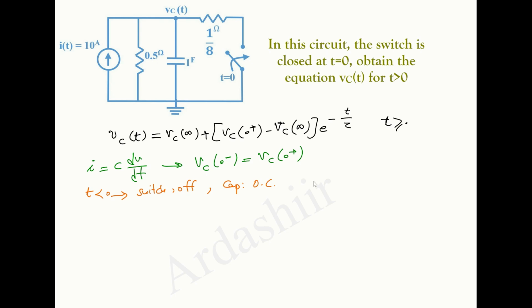So we can draw the equivalent circuit in this manner. We have a 10 amp current source, a 0.5 ohm resistor, and also the capacitor, and here is the Vc of t, 1 farad. And the capacitor also is open circuit. Okay, I remove the capacitor, and now we must find the Vc of t.